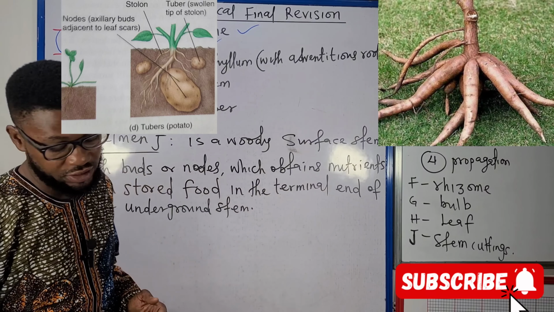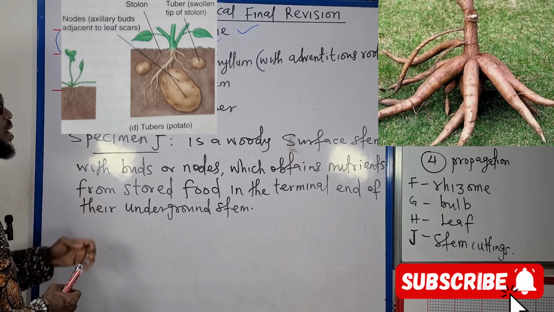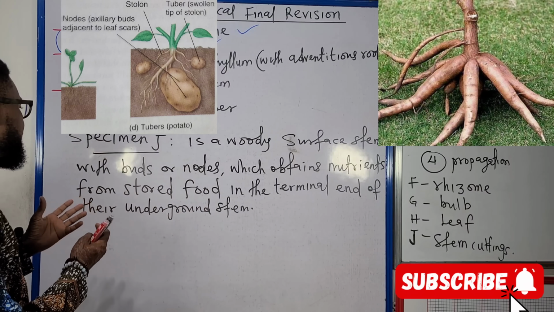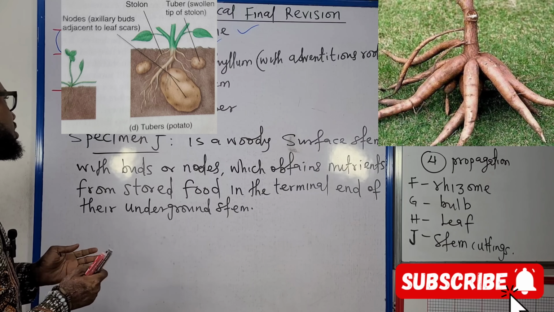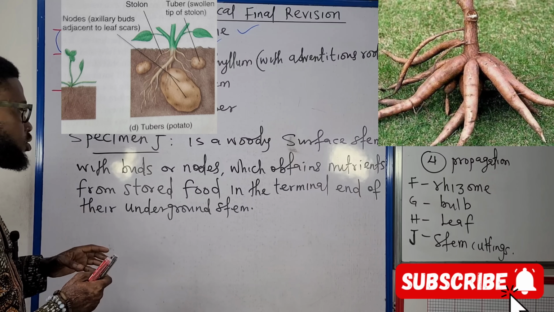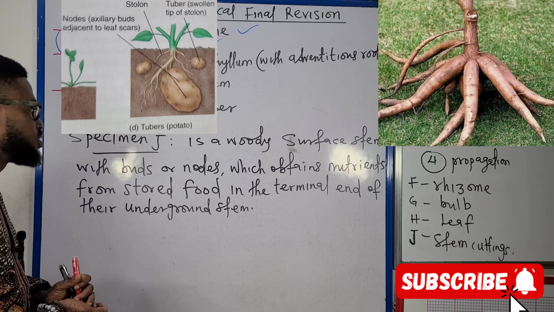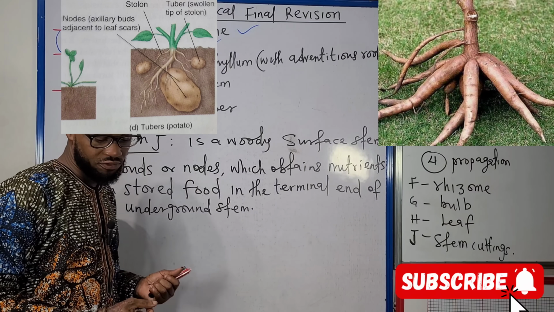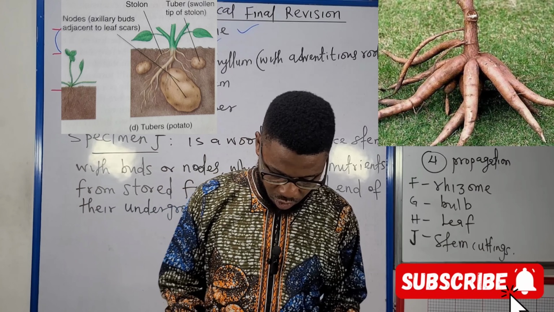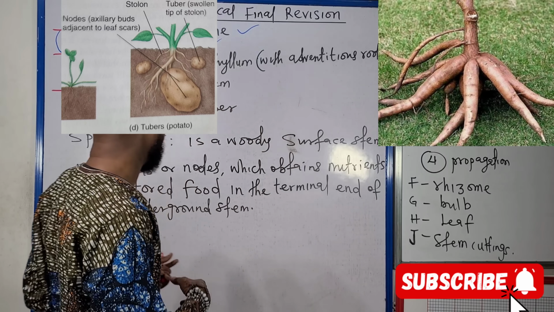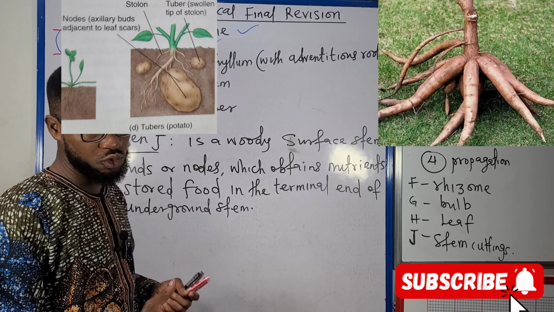Now, specimen J is a woody surface stem with buds or nodes, which obtains nutrients from stored food in the terminal end of their underground stem. That is where they obtain food from.